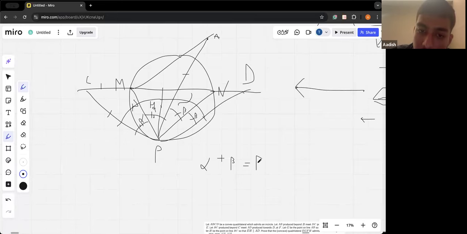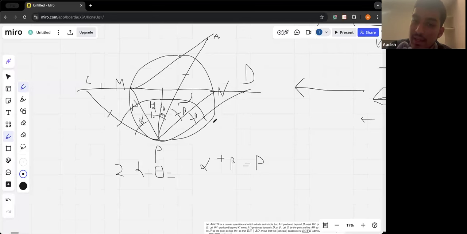And what's the small angle? The small angle, let's call that theta. So we have 2 alpha minus theta is the same as 2 beta plus theta. And they're both the same as half of the CPD angle.